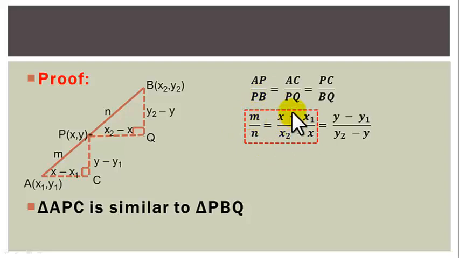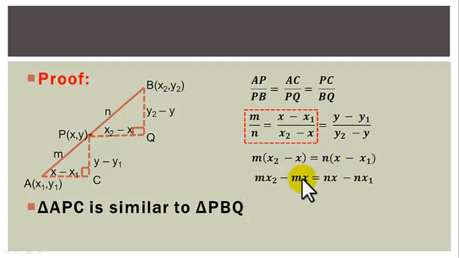Upon cross multiplication, we have m into (x2 minus x) equal to n into (x minus x1). Opening the two brackets, we obtain mx2 minus mx equal to nx minus nx1.